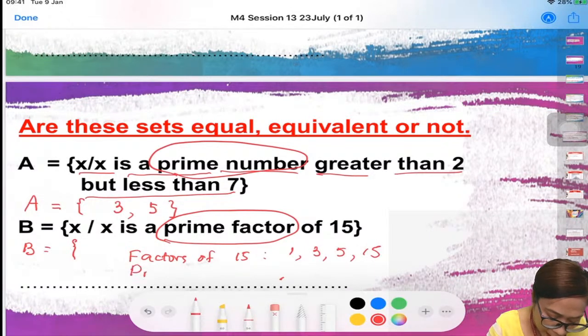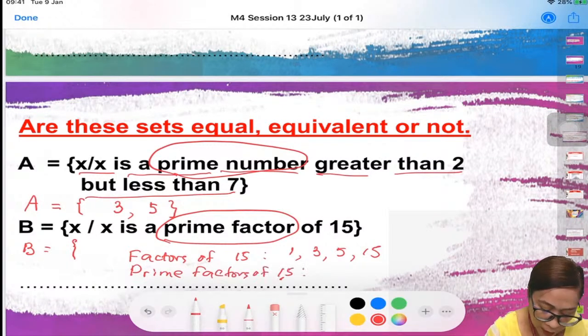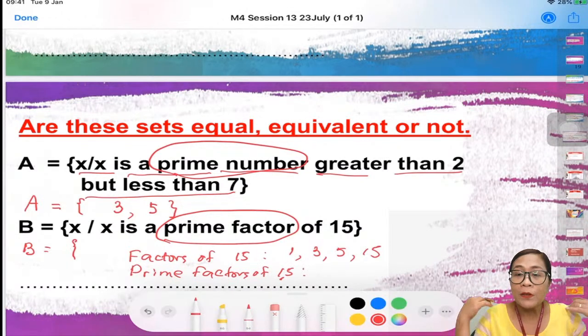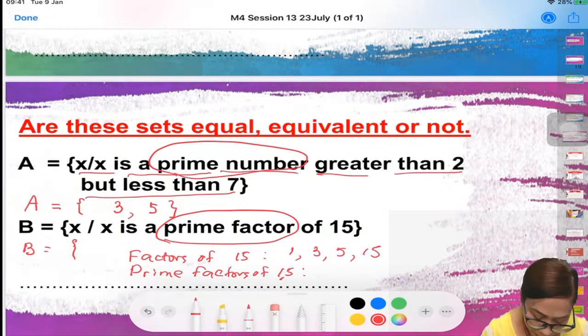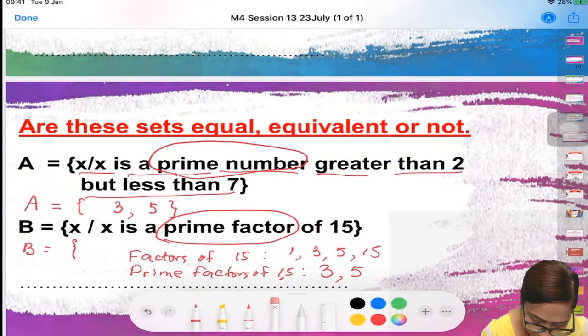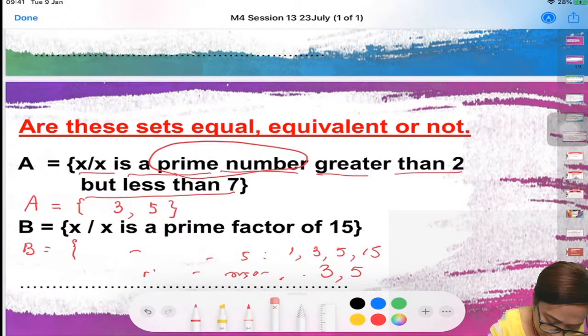But if you are asked to find only the prime factors of 15, only the factors which are prime, what are the factors of 15 which are prime? Only 3 and 5. Correct. Okay, that's it.